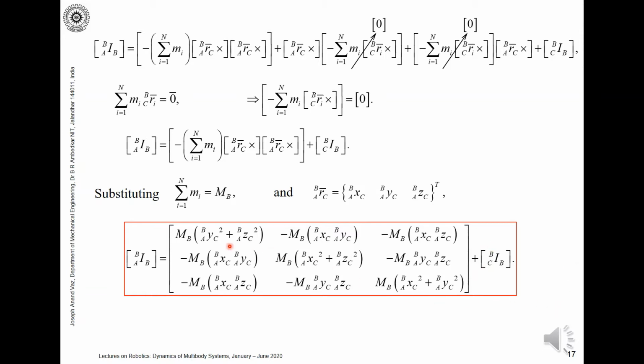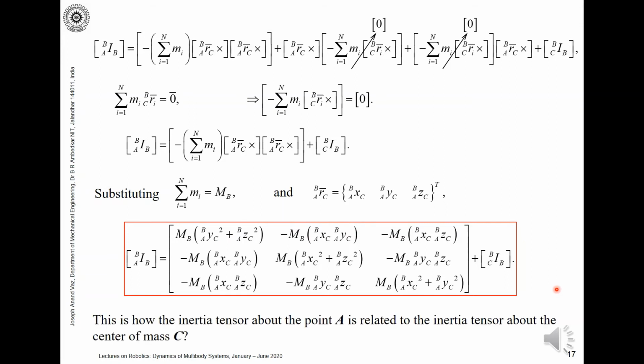So here you get a relationship between the moments of inertia. Corresponding elements will provide the relationships between the corresponding moments of inertia and the corresponding products of inertia. This is how the inertia tensor about the point A is related to the inertia tensor about the center of mass.